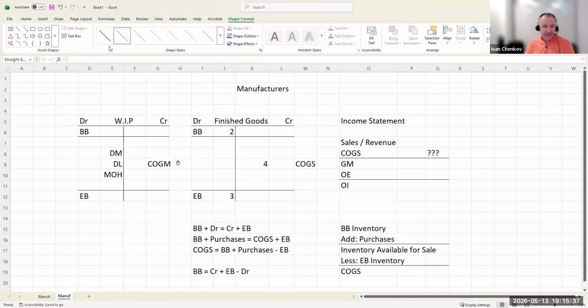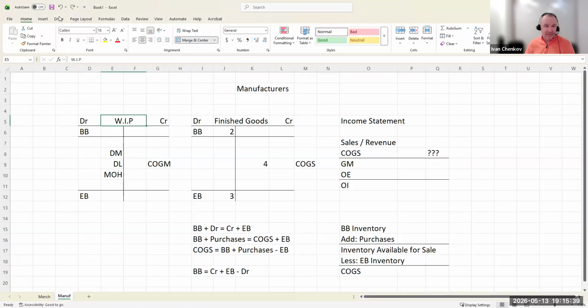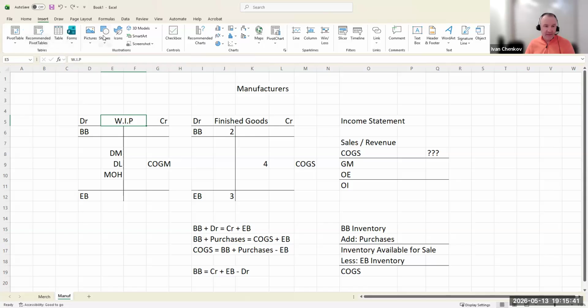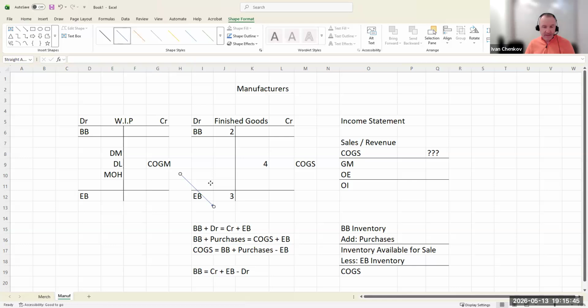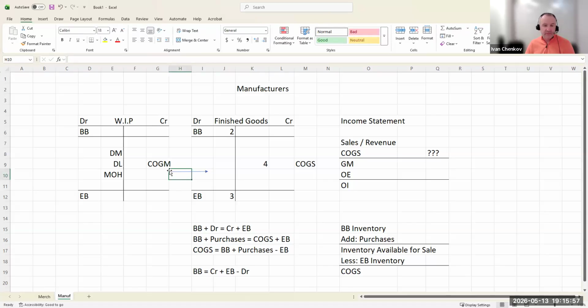And note this thing. I want to insert a single line, which is gonna look like this. And that's how we're gonna move this cost of goods manufactured into the finished goods.